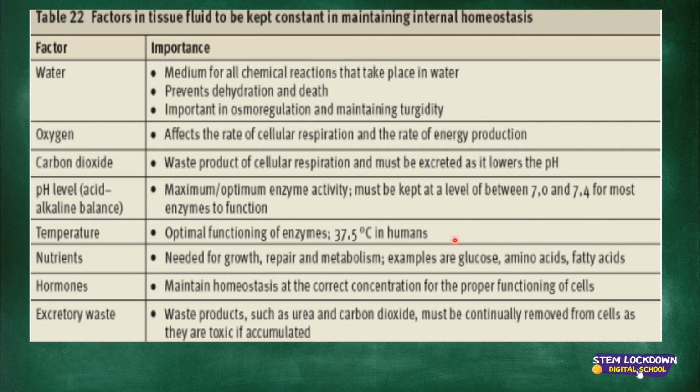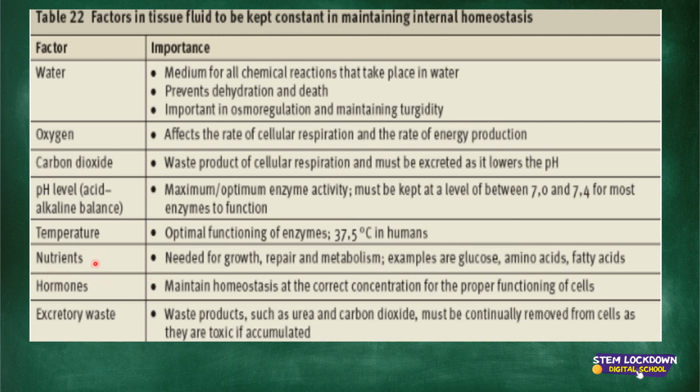We also discussed various ways in which temperature is regulated: the skin and its layers, the epidermis and dermis, what happens when it's too hot and the body wants to cool down, and what happens when the body is too cold and wants to warm up.